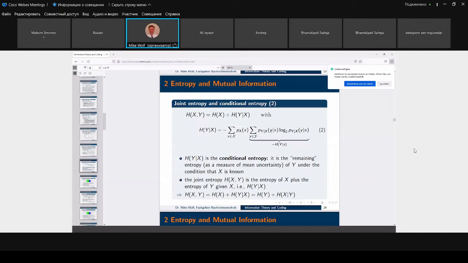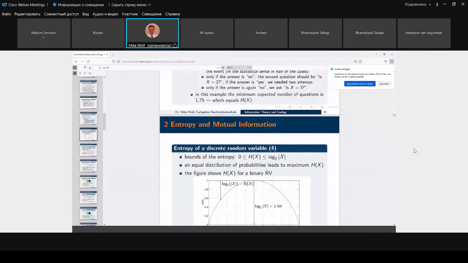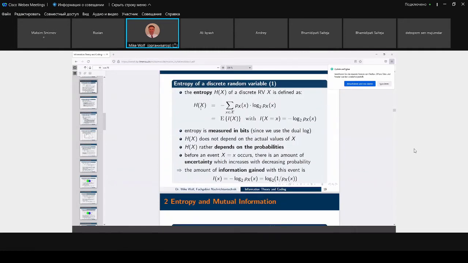And then we should end up in this equation here for the conditional entropy. But we start here because this was not new, as you have seen, the joint entropy. If you know the definition of an entropy, here's the definition of entropy, it only depends on the probabilities of the random variable.